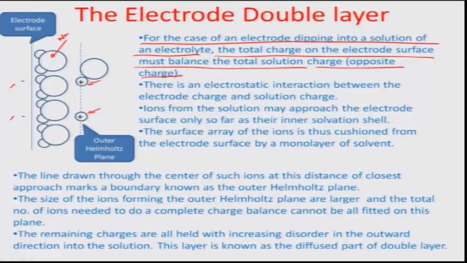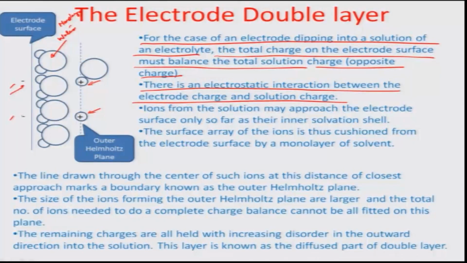This is a water layer, maybe a monolayer of water, which comes in between as a dielectric layer, disabling the positive charge from settling on top of this electrode as long as there is no active potential applied on this electrode. So there is an electrostatic interaction between the electrode charge and the solution charge.